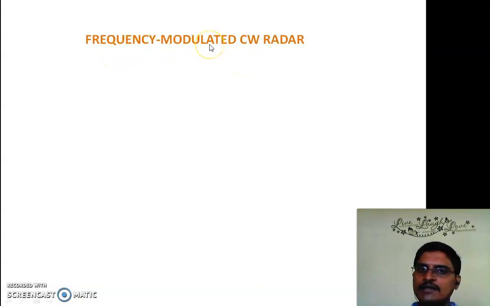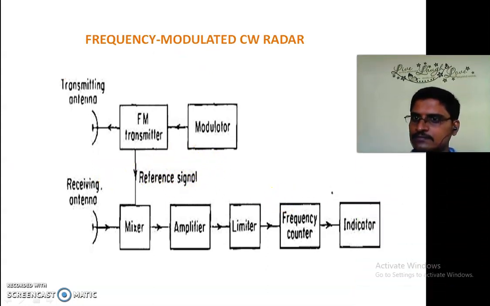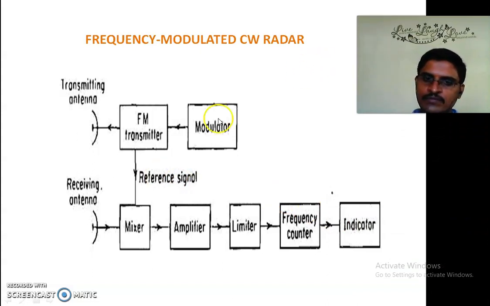Frequency modulated CW radar block diagram. This is the block diagram of FM CW radar. This is the modulator, and the frequency generated by this modulator is given to the FM transmitter.